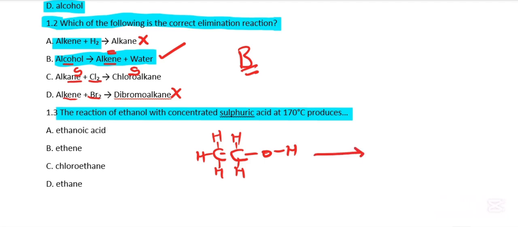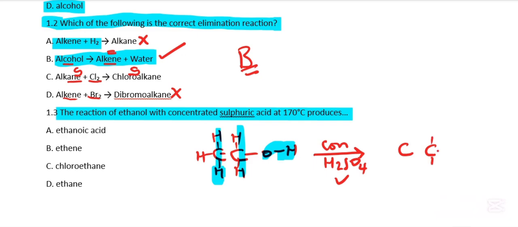Then we have concentrated sulfuric acid. Since we have concentrated sulfuric acid, we are going to eliminate. So from this carbon we eliminate the OH, then from this carbon we eliminate hydrogen. Then we share a compound with carbons 1, 2.